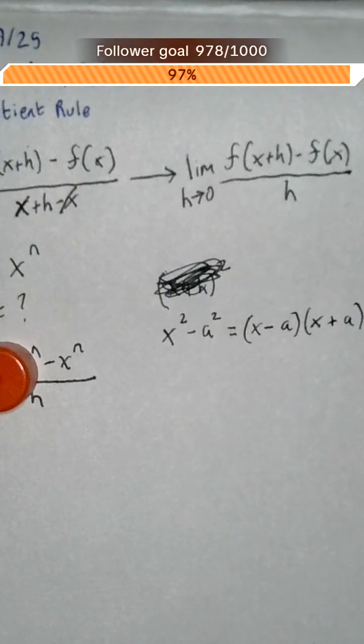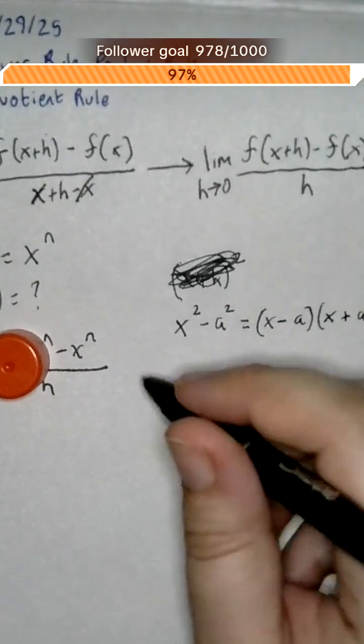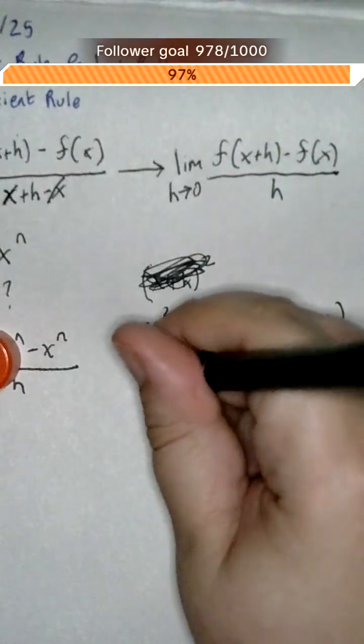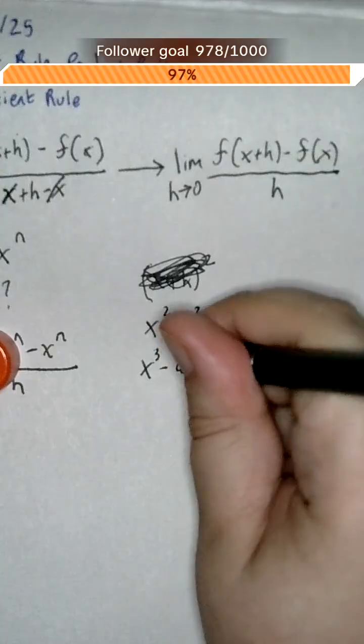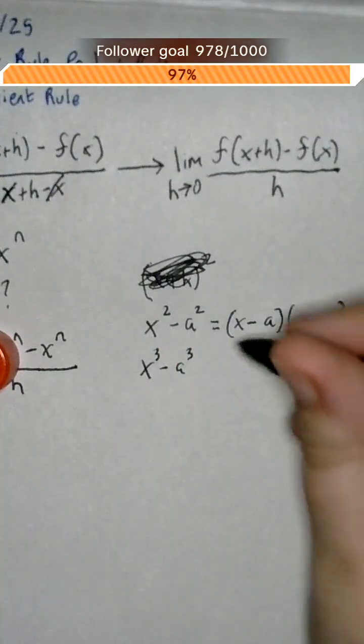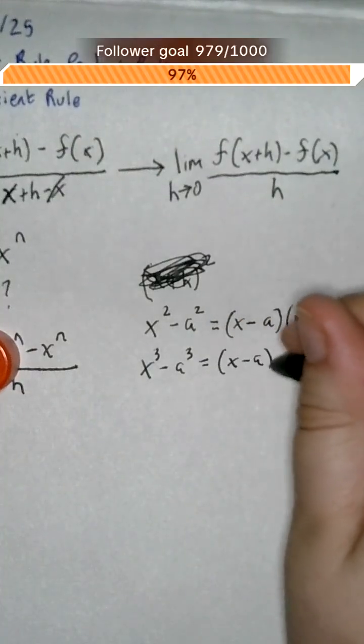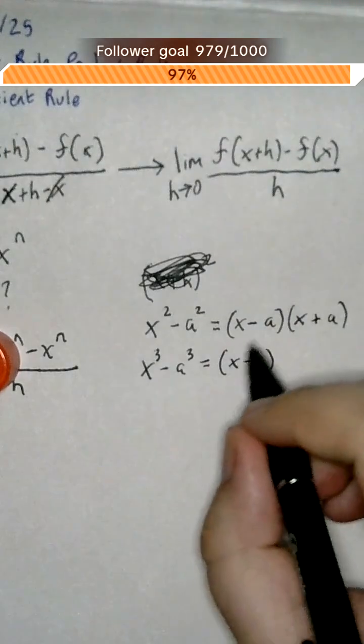So now, what about cubed? What about x cubed minus a cubed? So I have x cubed minus a cubed. Well, what happens is, again, I have x minus a, and then I'm going to use difference of cubes.